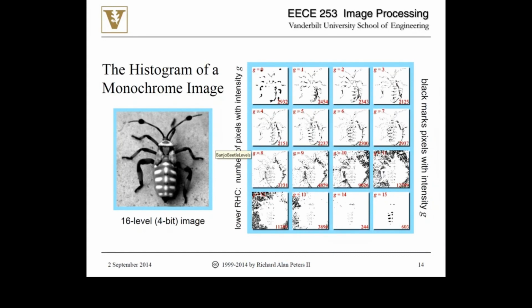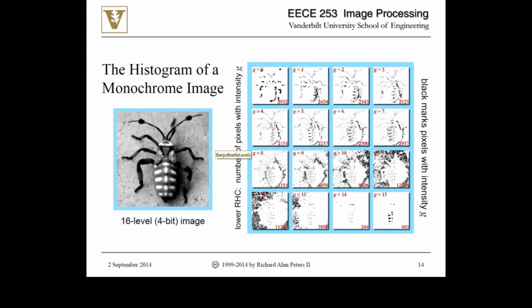Now what we can see is that I can decompose this image into different masks. Let's construct the mask of all the pixels that have a value of 15. All these black pixels here have value 15, and the white pixels do not.